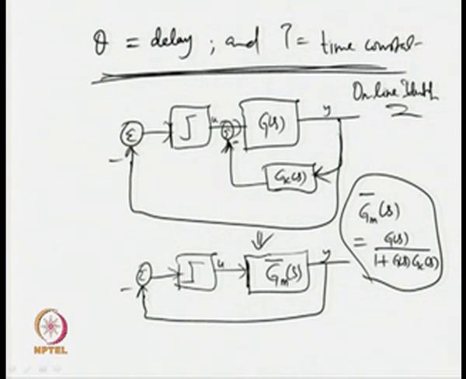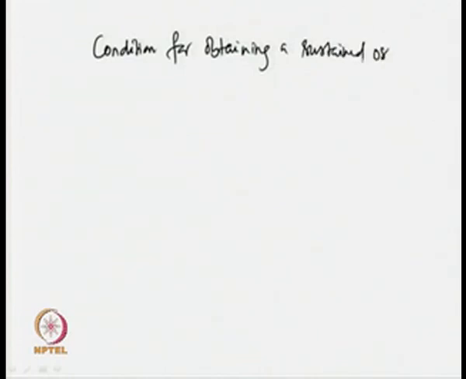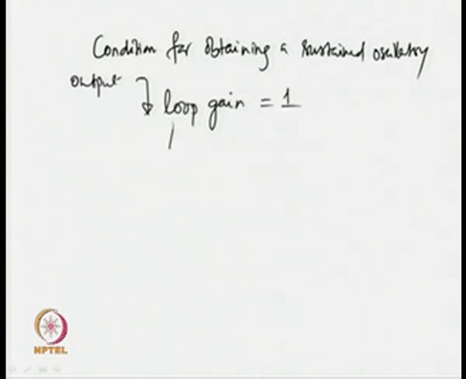Okay. Now, when a limit cycle occurs, or when we obtain a sustained oscillatory output, the condition for obtaining a sustained oscillatory output or limit cycle output is that the loop gain at that time must be equal to 1 and the loop phase must be equal to minus 180 degree or minus pi.